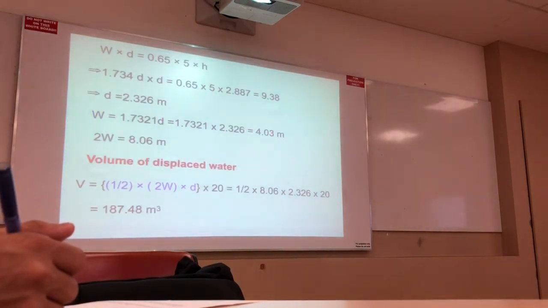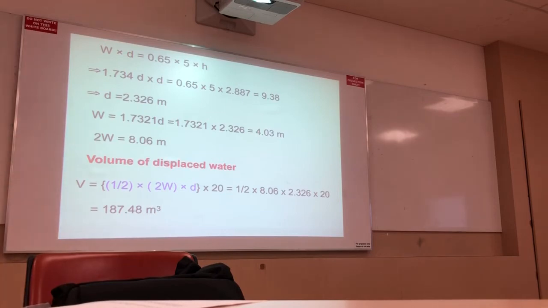Okay, then I can find W times D equals 0.65 times 5 times H. Then I substitute the value of W, which is 1.734 D, and D is there. So D is 2.236 meter.